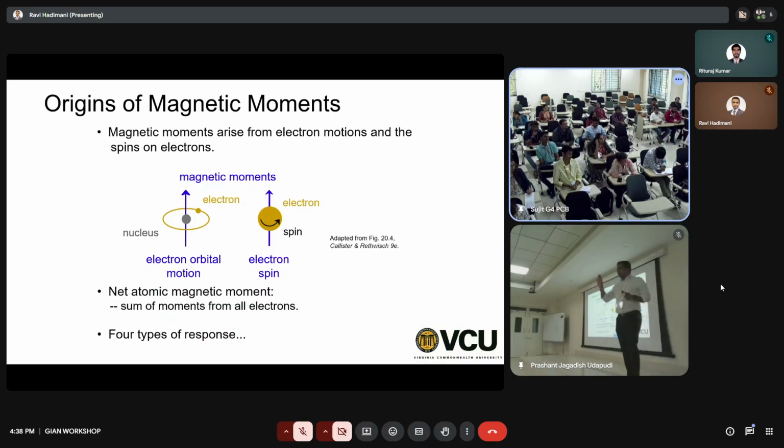The story is not over yet, because individual elements don't occur as individual atoms, right? Atoms combine, and when atoms form molecules, the spins cancel out. It's very difficult to have unpaired spins, because unpaired spins mean it is carrying energy.